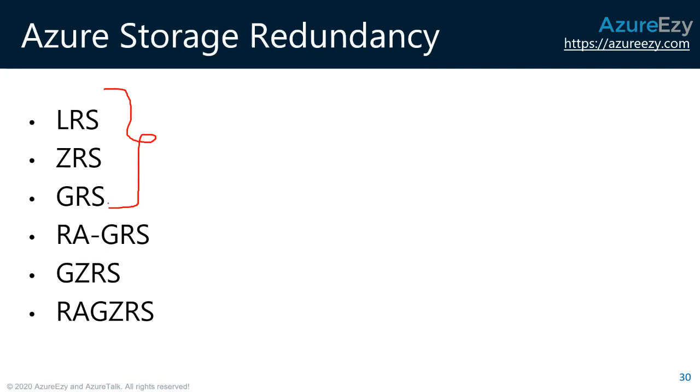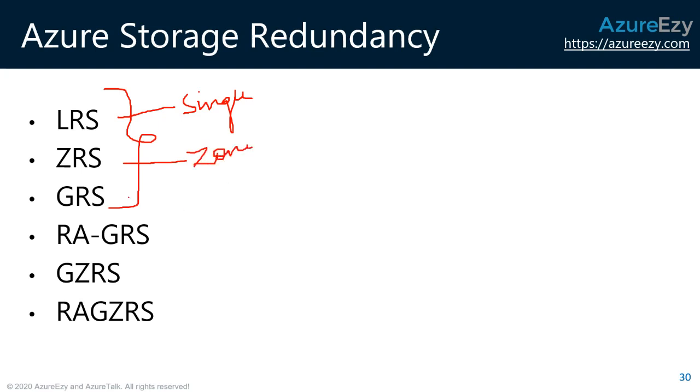In LRS, all 3 copies are synchronously replicated in a single data center. In ZRS, same thing. It's a synchronous replication and 3 copies across 3 zones.